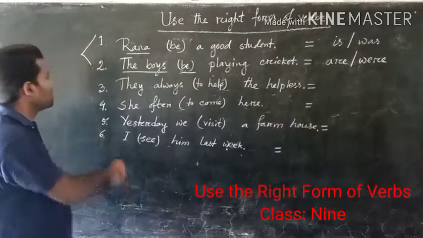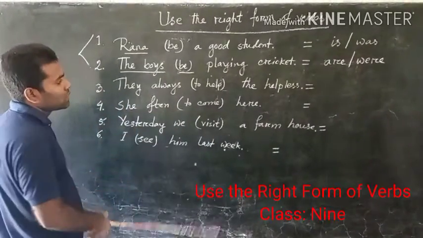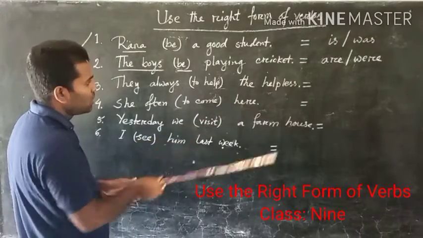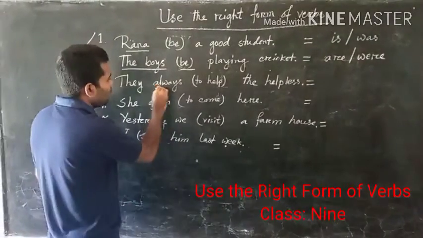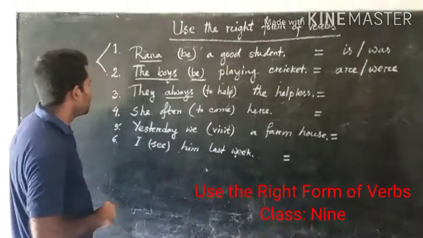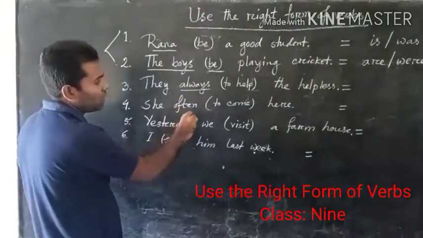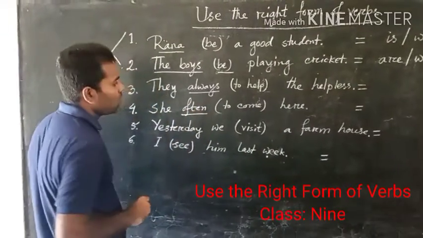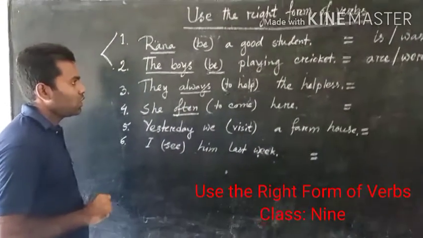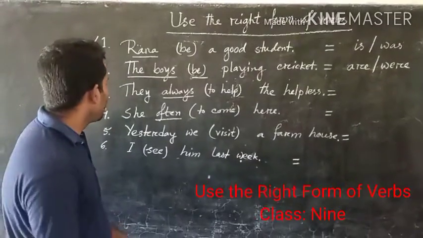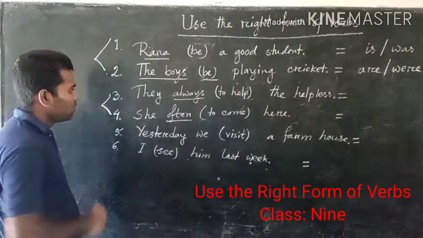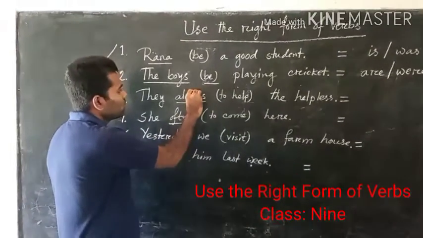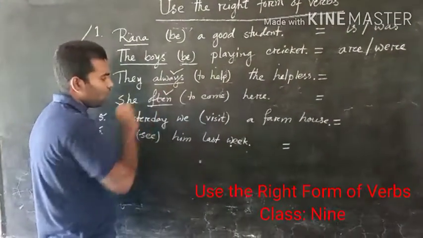In number 3, they always to help the helpless. Here is the word always. In number 4, she often to come here. Here is the word often. In number 3 and 4, we find two different words, always and often.